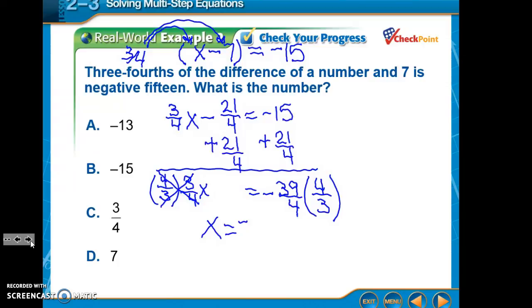I'm multiplying and dividing by 4, they get crossed out. So now I'm left with negative 39 divided by 3, which is negative 13. All right, so questions on that one?